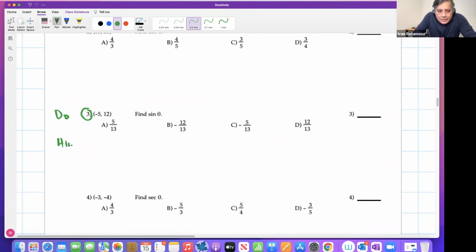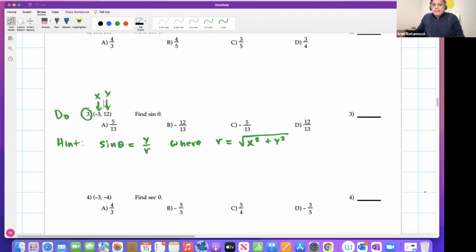Hint: the definition of sine of theta using coordinates of a point on the terminal side is y over r, where r can be obtained using this formula, the square root of x squared plus y squared. And what is x, what is y, professor? Well, this is x and this is your y. Try to find it. Find your r first, then with the r, you go ahead and compute sine of theta.